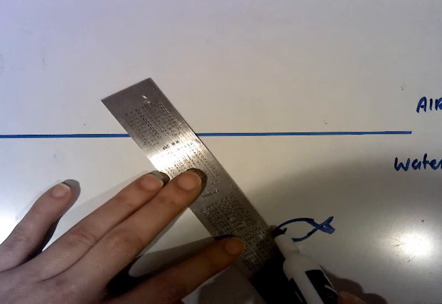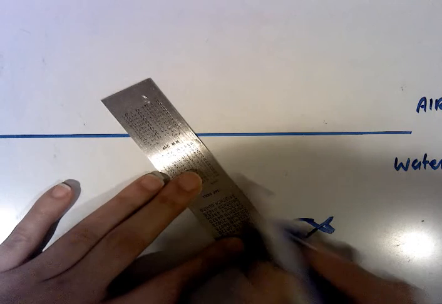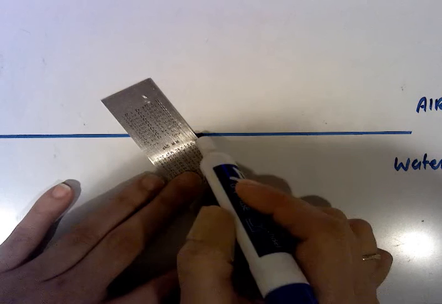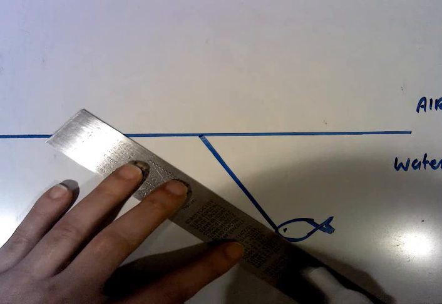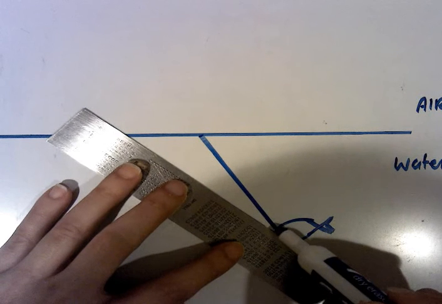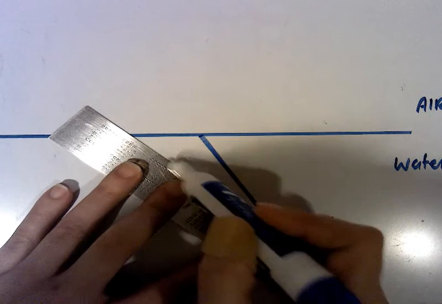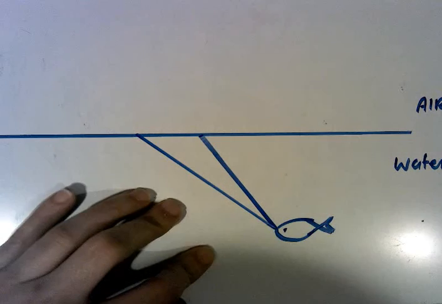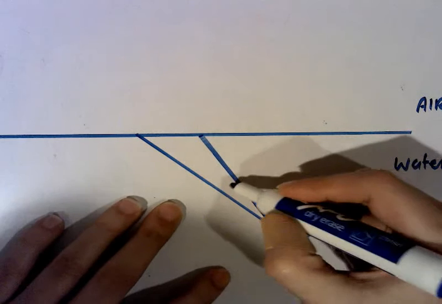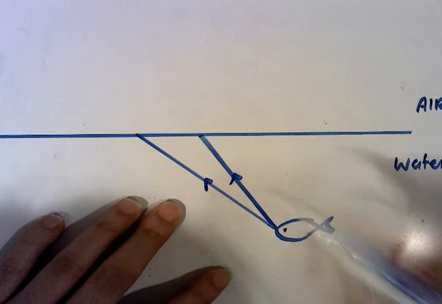So I'm going to put one ray coming up here and we'll do another one at a slightly different angle here. Okay, so those are our two rays coming from our fish. So they're going to come up towards the surface of the water.